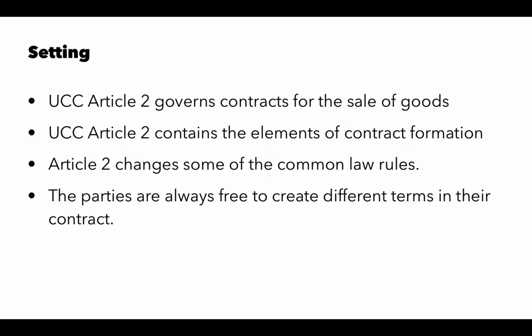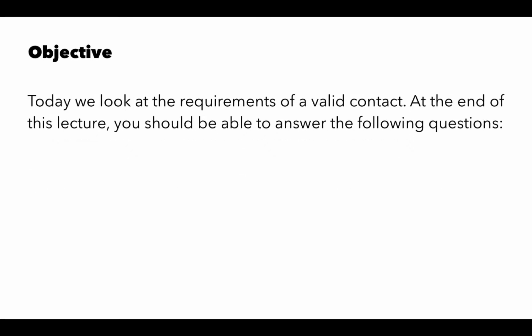Always remember this, however: the parties are always free to create different terms in their contract. The UCC is what we call a gap filler. If the contract is silent on an issue, the parties look to the UCC to fill in the gaps.